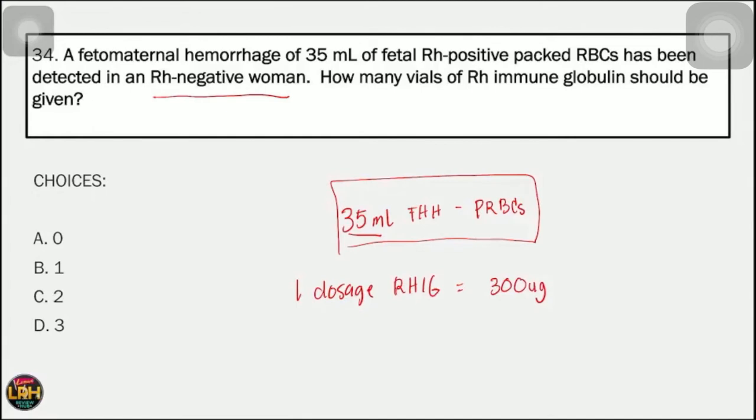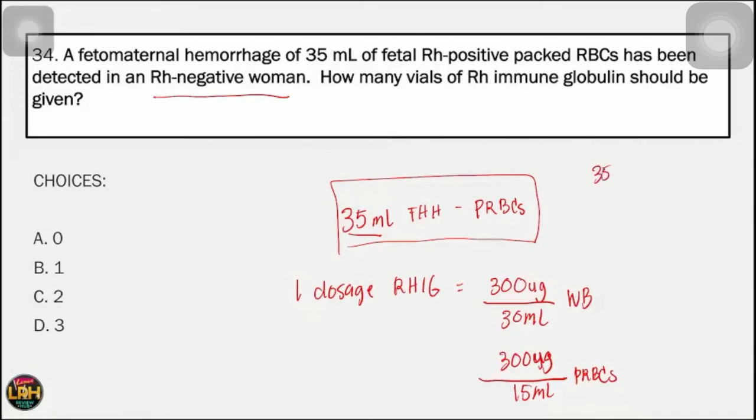This 300 microgram is proportional to the amount of the whole blood or the packed red blood cells. For whole blood, 300 microgram is used per 30 ml of whole blood. 300 microgram of RHIG is used per 15 ml of packed red blood cells. So, in this item, we don't use 30 ml, instead, we use 15.